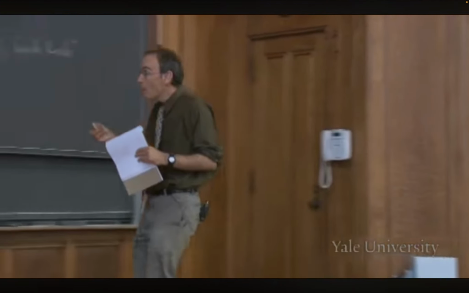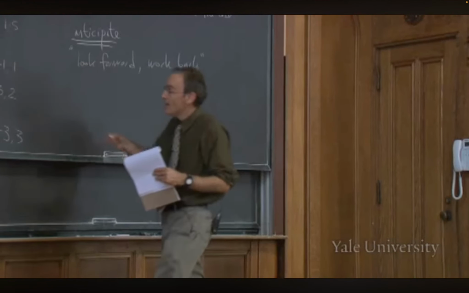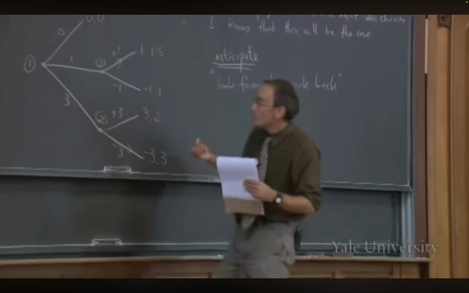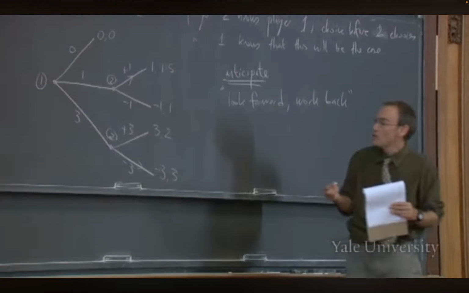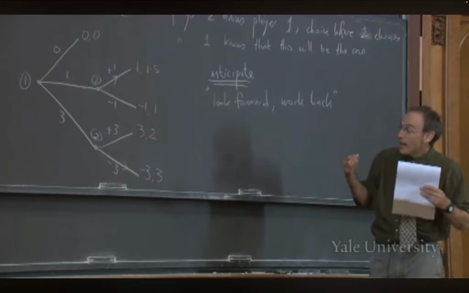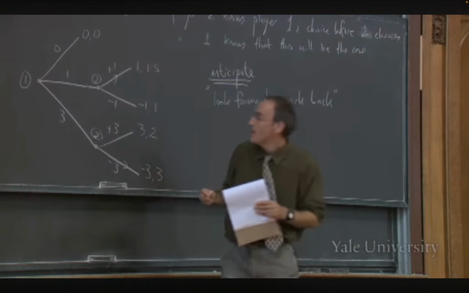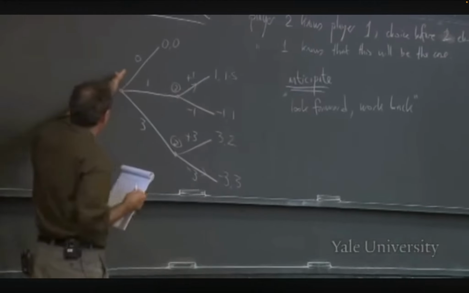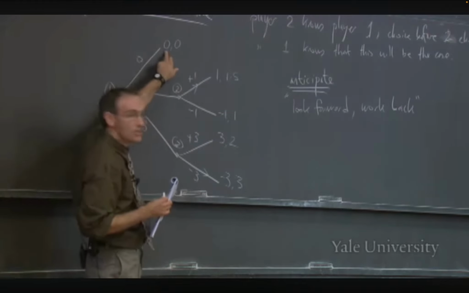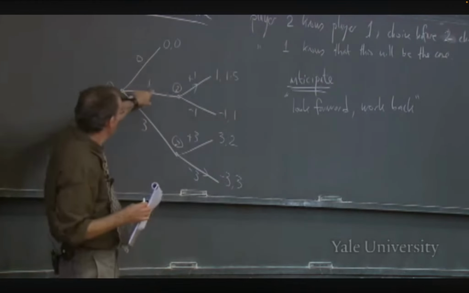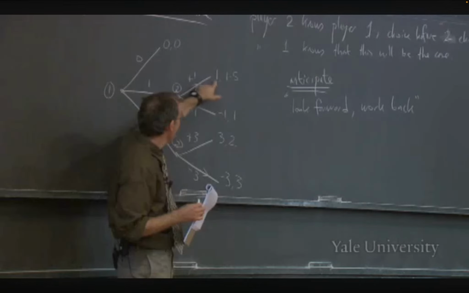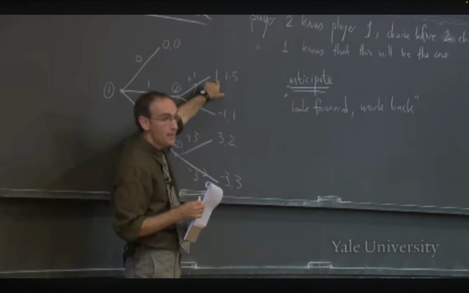So from player 1's point of view, since player 1 knows that player 2 will observe the choice before making her own choice, and since player 1 can put him or herself in player 2's shoes and anticipate this choice, player 1 is essentially choosing between what? If she puts in 0, she gets 0. If she puts in 1, she knows 2 will match, and she'll double her money and get 1.